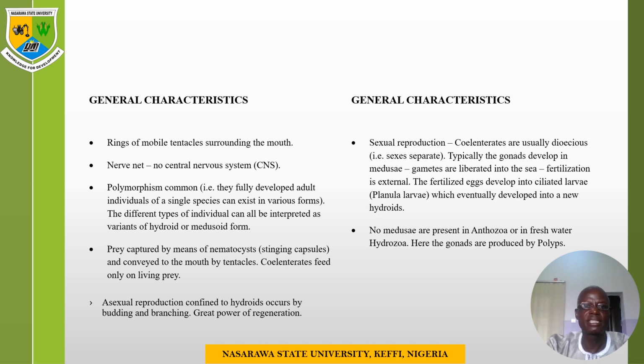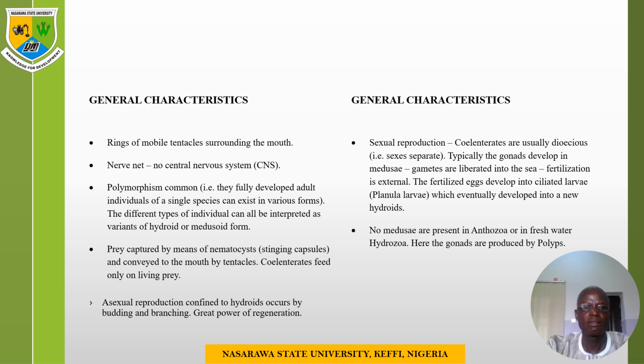They have nerve nets, but they don't have central nervous systems. They exhibit polymorphism, that is, the fully developed adult individual of a single species can exist in various forms. The different types of individual can also be interpreted as variants of the hydroid or medusoid form.